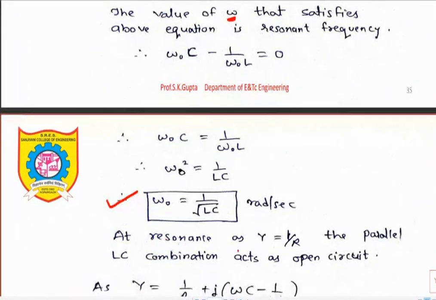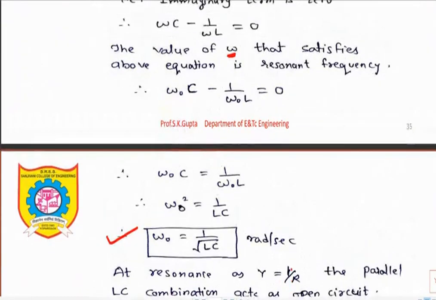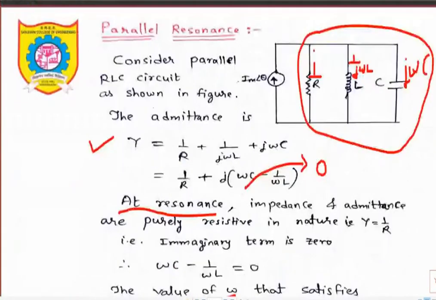At resonance, as Y equals 1 by R, the parallel LC combination acts as an open circuit. The admittance is simply 1 by R, and these two terms act as an open circuit.